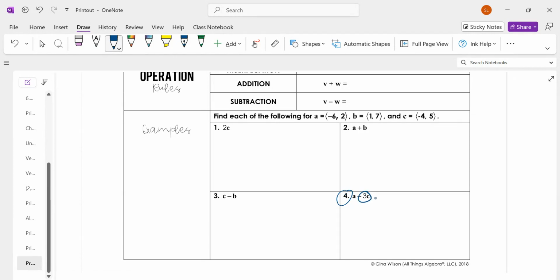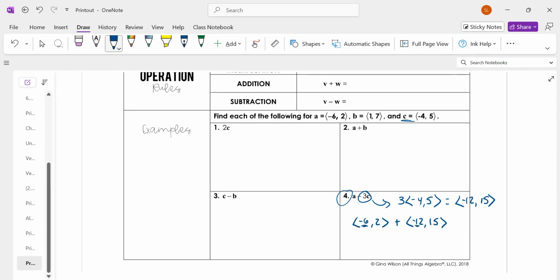So when you have something like 4, let's find 3c first, which would be 3 times negative 4, 5. I'm getting that from up here. So that's going to be negative 12, 15. And now I want to do a plus that. So I want to do this vector a, negative 6, 2, plus my vector 3c.